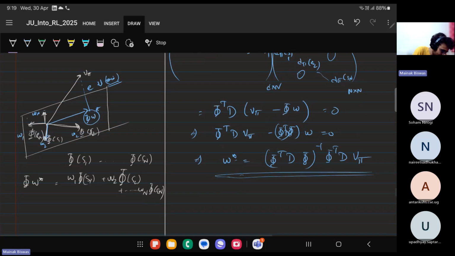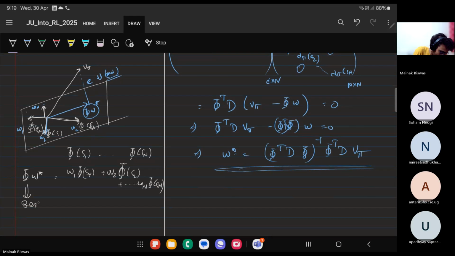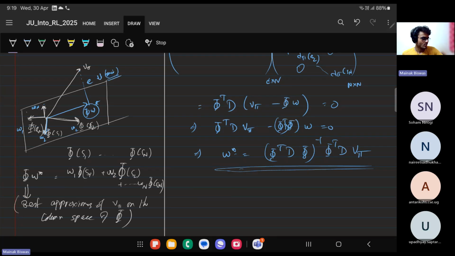And that is the best approximation of v pi on the column space of phi. If you're not following this, it is okay. You can always learn a little bit of linear algebra and then it will just be easy.